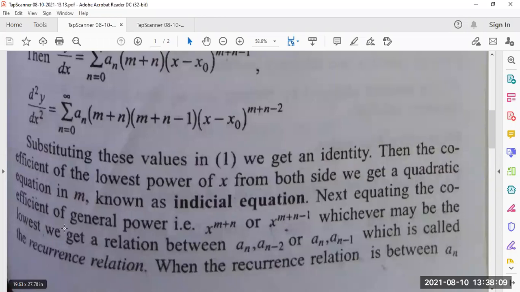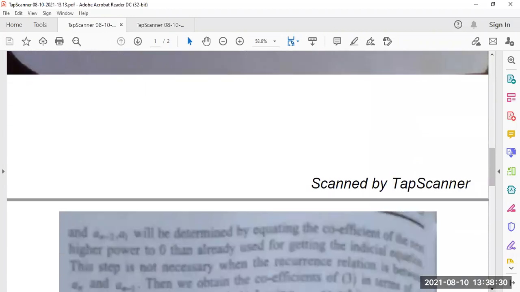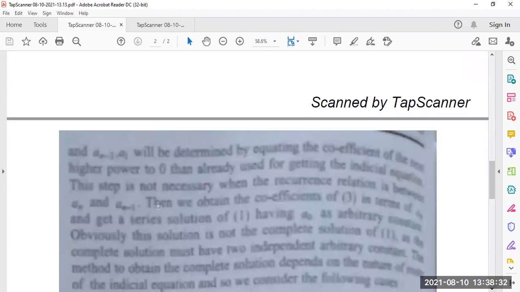Next, equating the coefficient of the general power, that is x to the power m plus n or x to the power m plus n minus 1, whichever may be the lowest, we get a relation between a_n and a_(n minus 1) or a_(n minus 2), which is called the recurrence relation. When the recurrence relation is between a_n and a_(n minus 1) or a_(n minus 2), a1 will be determined by equating the coefficient of the next power to 0.